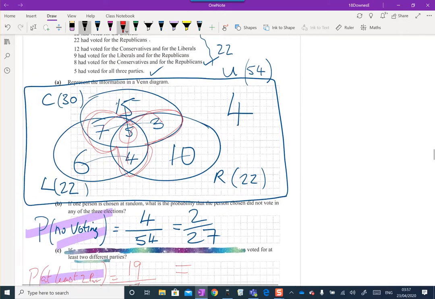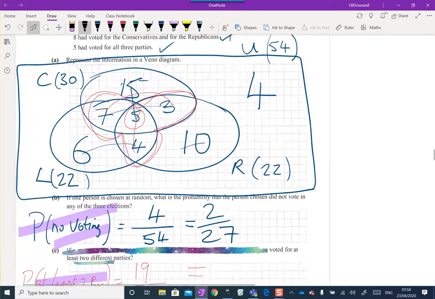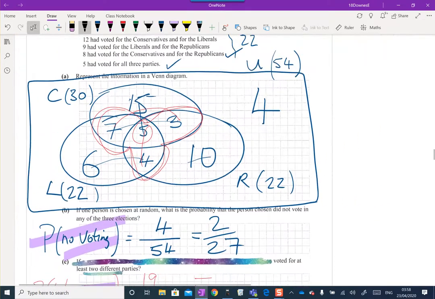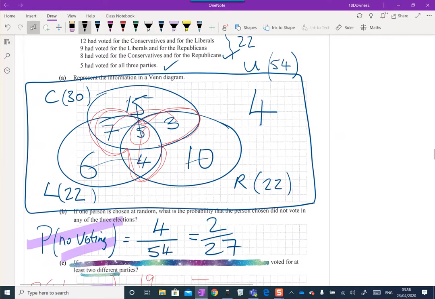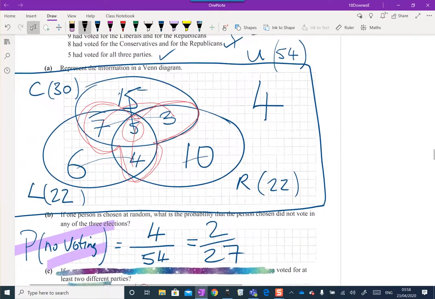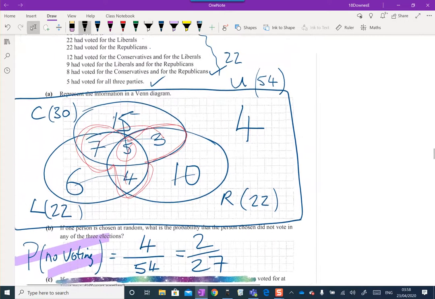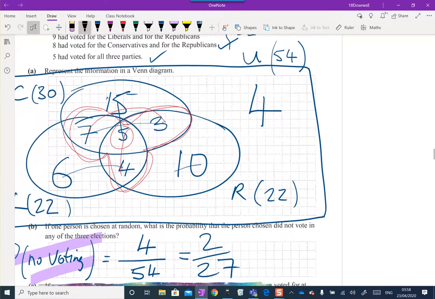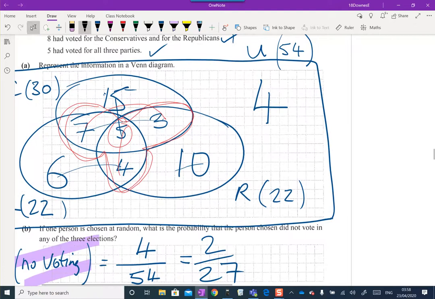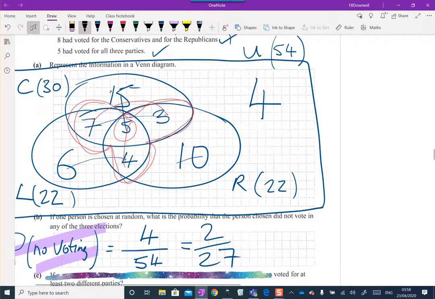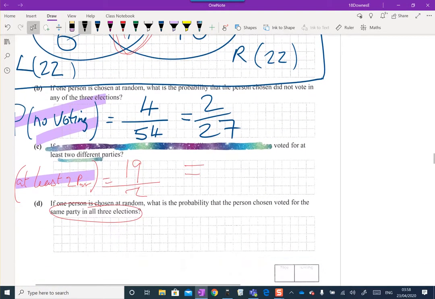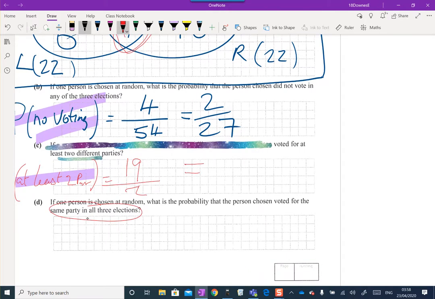Oh, I don't think that's what it means at all. I think 5 had voted for all 3 parties, but not necessarily every single year. There's a problem with this question.